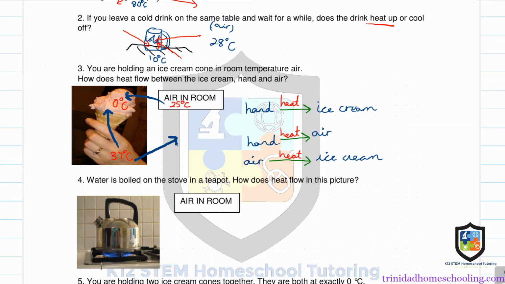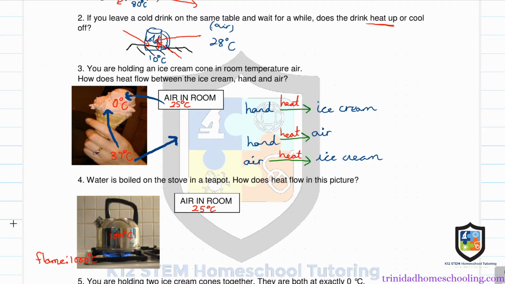Well, we have a flame here, and this flame is at 1000 degrees Celsius. I have my water here, which is boiling at 100 degrees Celsius because water boils at 100 degrees Celsius. The air in my room is 25 degrees Celsius.